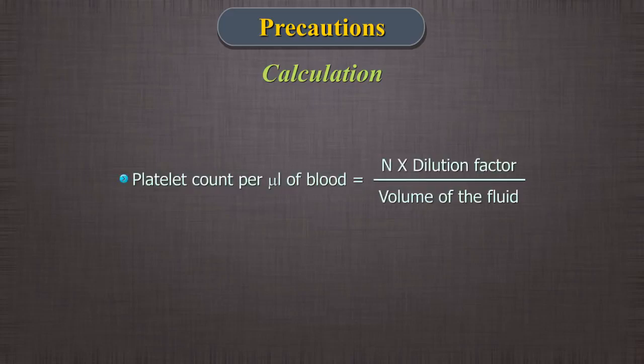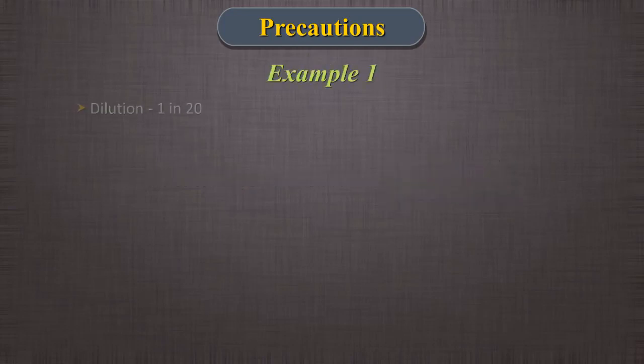The formula for the platelet count per microliter of blood is n multiplied by dilution factor, divided by volume of the fluid examined, that is the area counted multiplied by the depth of the fluid. Example 1. Dilution used 1:20.